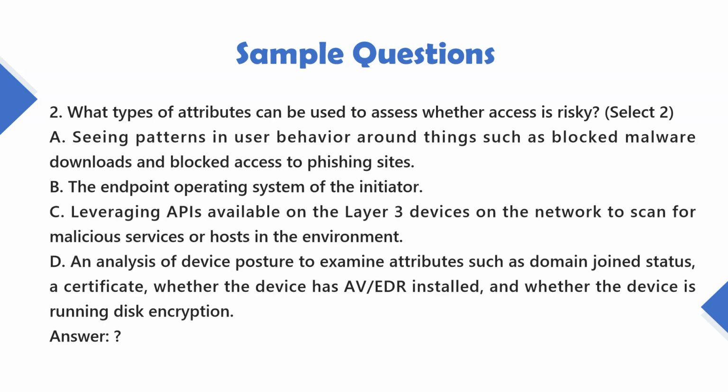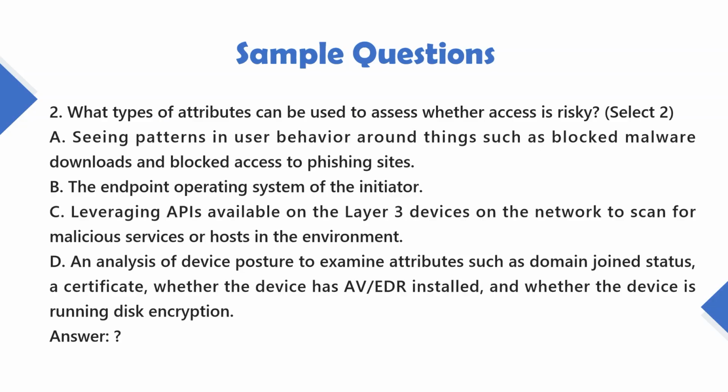2. What types of attributes can be used to assess whether access is risky? Select 2. A. Seeing patterns in user behavior around things such as blocked malware downloads and blocked access to phishing sites. B. The endpoint operating system of the initiator.